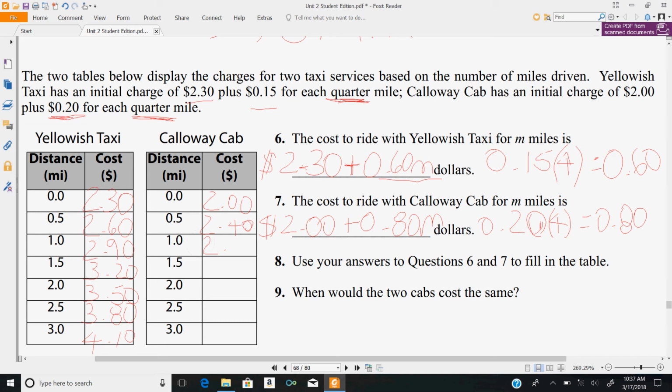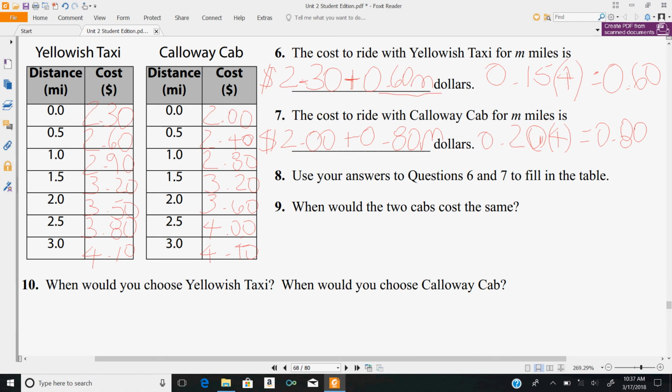Add another 0.4, 2.80, 3.20, 3.60, 4.00, and 4.4. So we filled in the tables, and that's our answer to question 8.